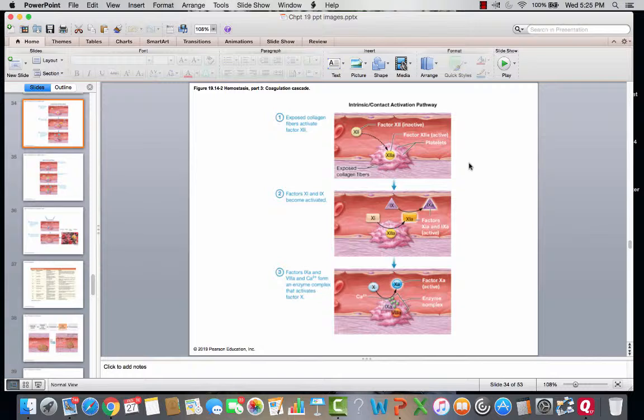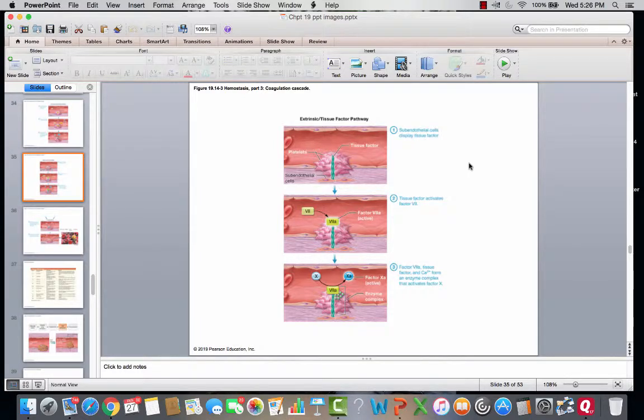There's a couple of newer ones on the market, but beware of those because unfortunately, if something goes wrong and I need to stop the action of the heparin or Coumadin, all I have to do is administer vitamin K. And vitamin K is going to help us get back to more normal clot formation.